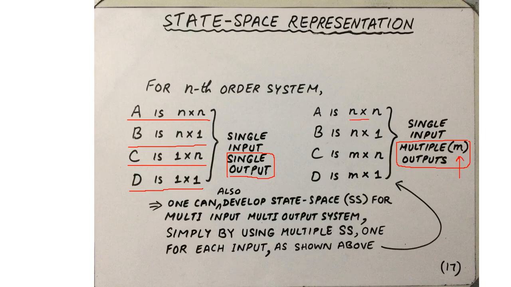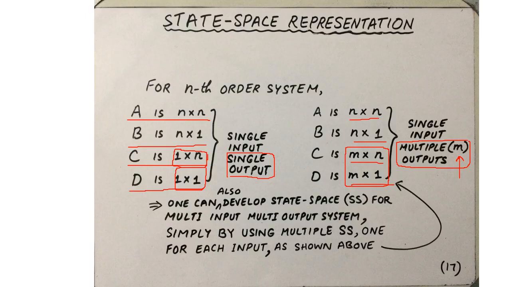Then there is no change in the dimensions of matrix A and B. Only the matrices associated with the output will change. In the single output case, the matrices C and D both had 1 row. In this case, with m outputs, matrices C and D will have m rows with no change in the number of corresponding columns.